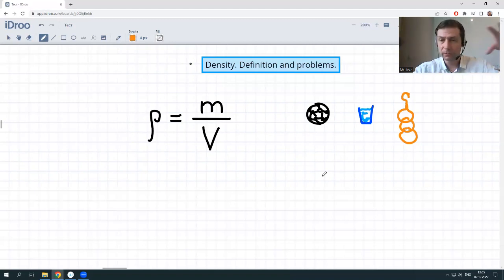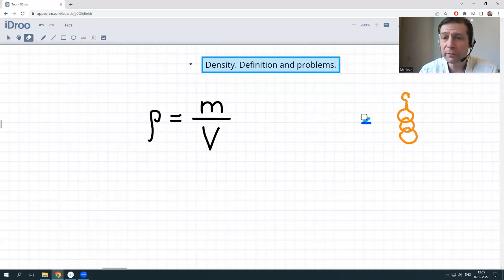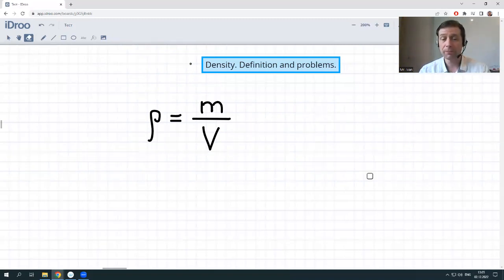Because if we put the same amount of gold into the glass as we have water in it, then surely that glass would weigh much heavier. And if we have a golden soccer ball, it would be really heavy and painful to kick. So the more mass we have in the volume, the more density the object or substance has.